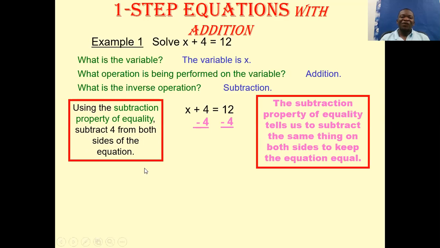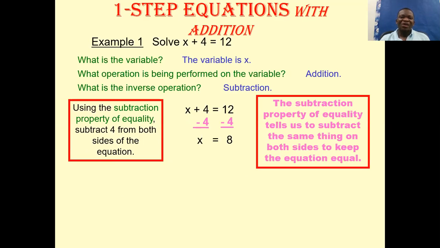You can see that this 4 and this 4 will cancel out because 4 minus 4 gives us 0. In that case, we've been able to isolate our x to the value of what? 8, because 12 minus 4 is 8. So x equals 8.